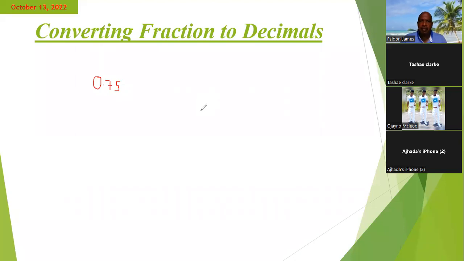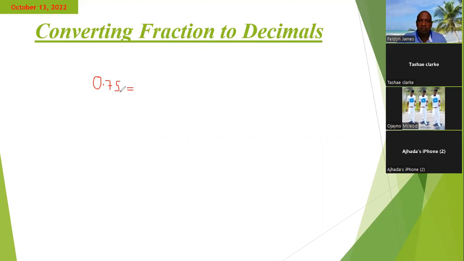So let me just write what you're saying. You're saying that we are to look at the digits furthest from the point. Yes. And what does that tell us? 75 over 100.